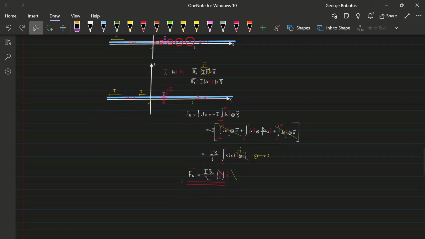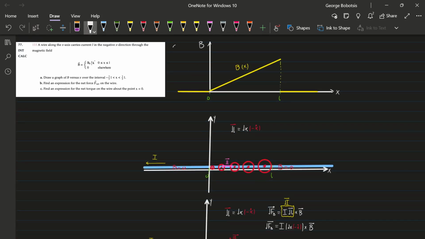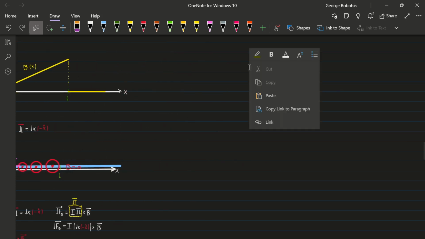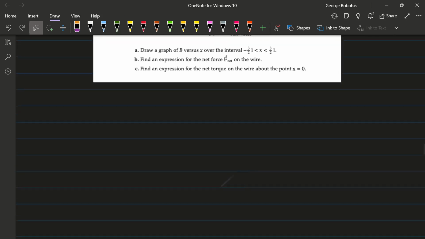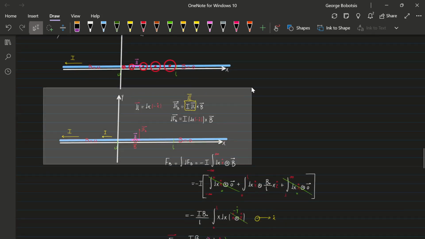As for torque, because torque is a little bit trickier, you have to set a pivot point to measure it. So this is A, this is B. And I know that you guys all probably despise torque. It says find an expression for the net torque on the wire about the point x equals 0. So bring back the plot that we had over here.